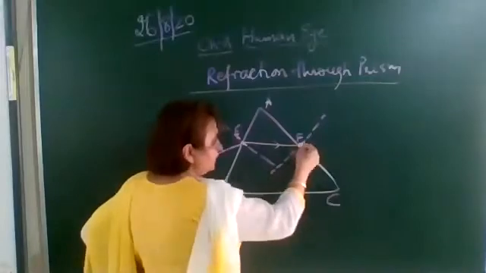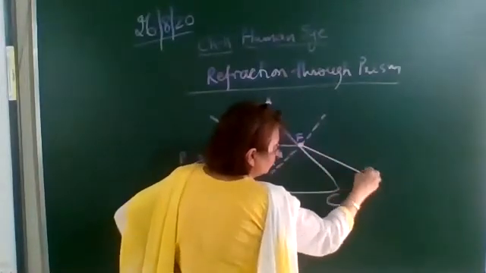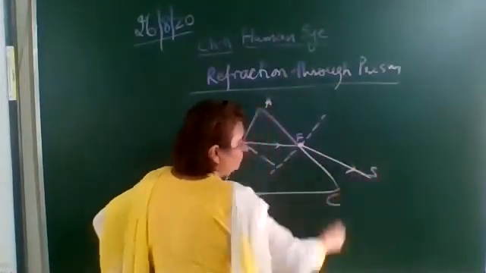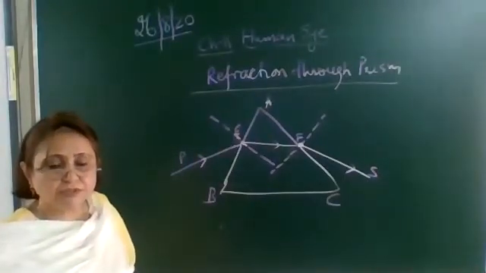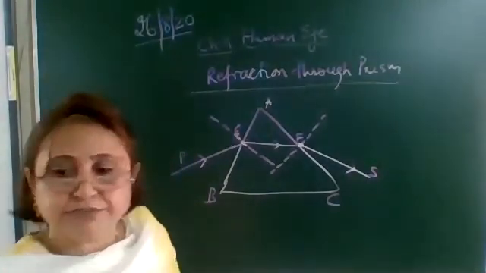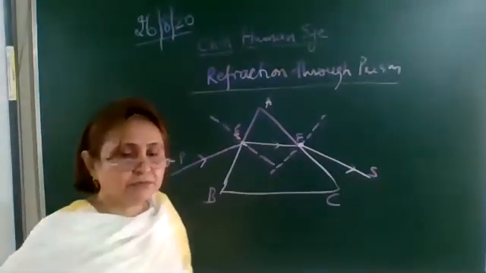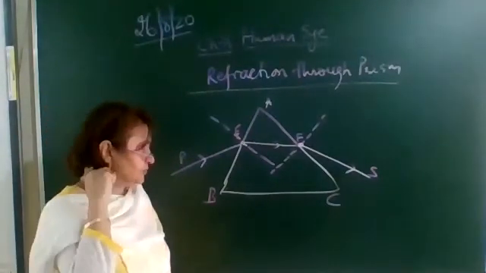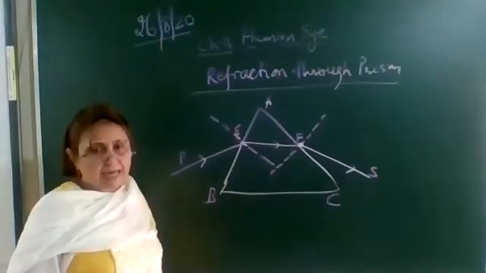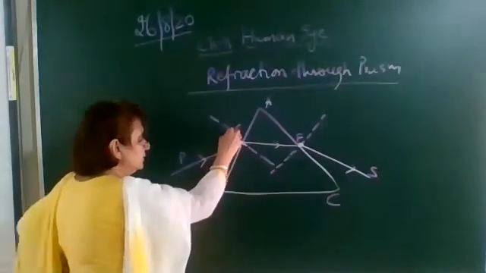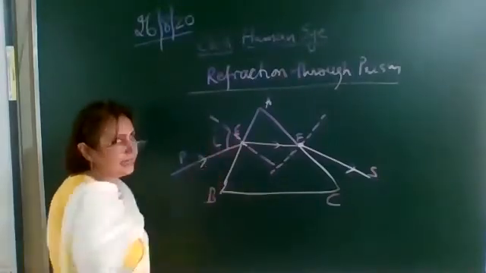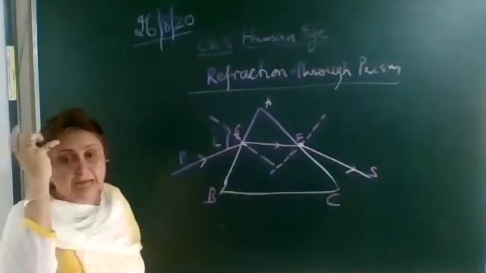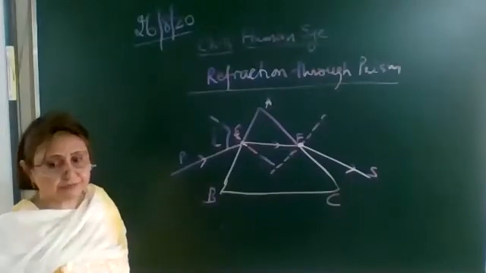Now this ray you will bend away from the normal and name it FS. Now mark the angles. The angle between the incident ray and the normal, write it as I, which is the angle of incidence.